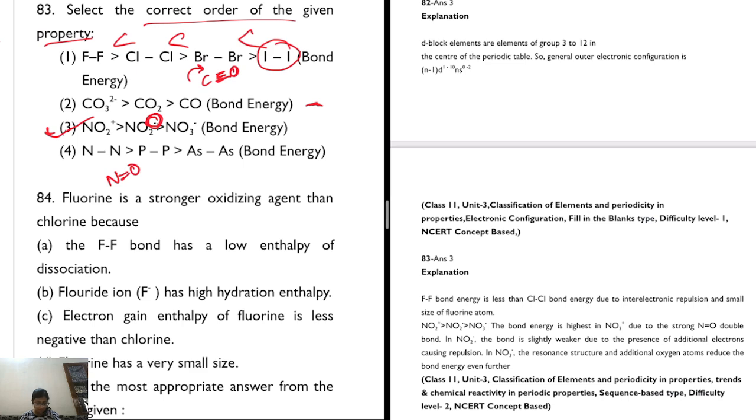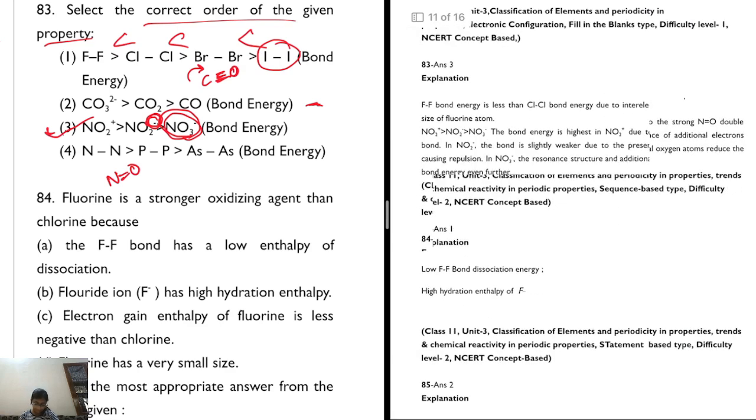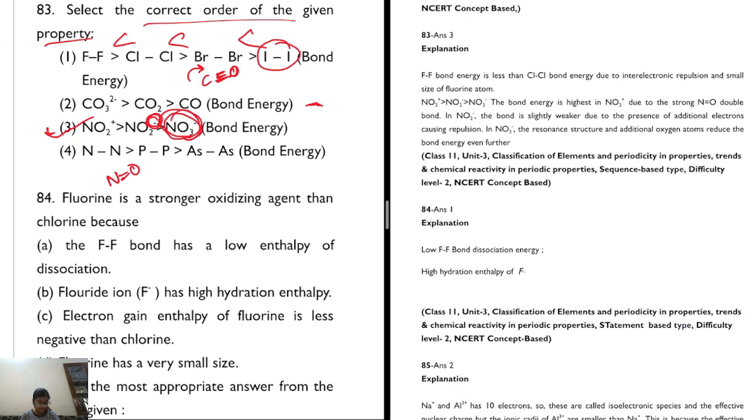In the case of NO3 minus, it is further decreased because we already had so many electrons. And on addition of oxygen, it will be even further decreased. Also, this is resonance stabilized, so its energy is low. Anything that has more stability has lower energy.